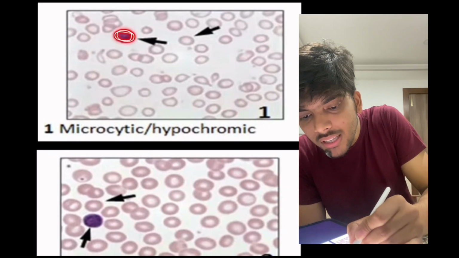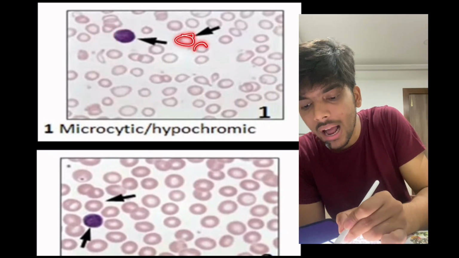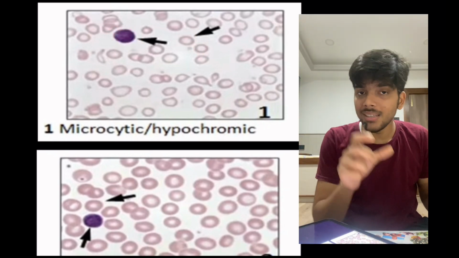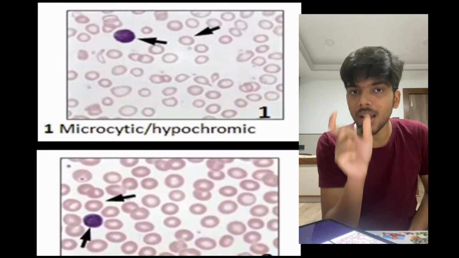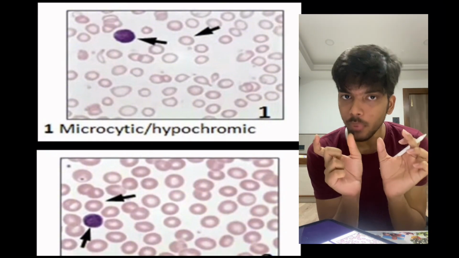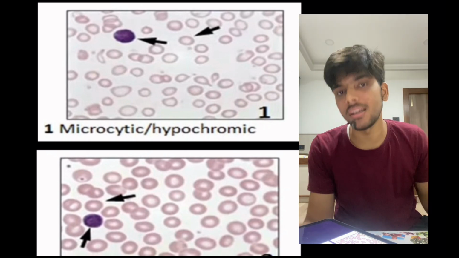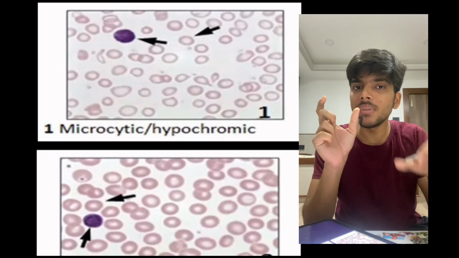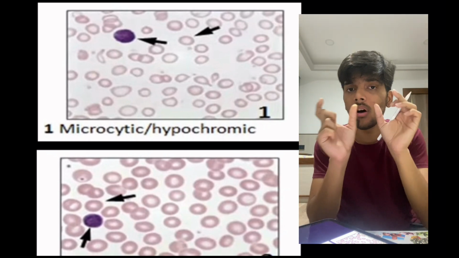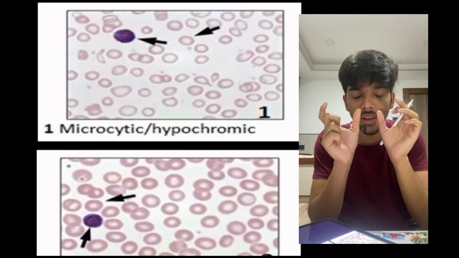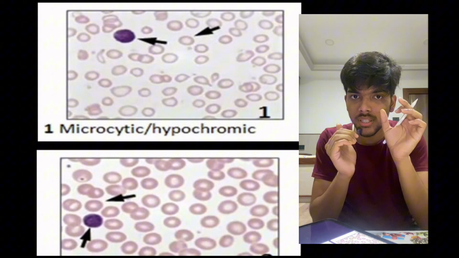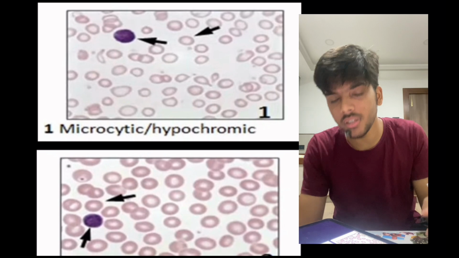This in purple is the small lymphocyte and these are your RBCs. So lymphocytes and RBCs have comparable size. If the size of the RBC is comparable to that of a lymphocyte, it is normocytic, less microcytic, more macrocytic.